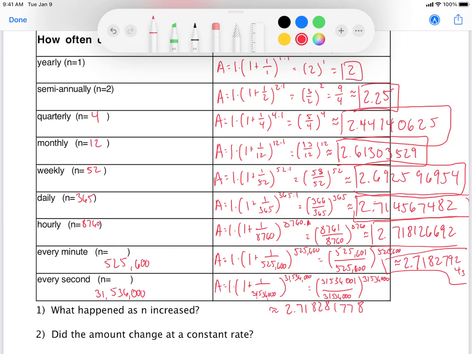Perfect. 2.718281778. Okay. So you can see that we basically reached a pinnacle number here.